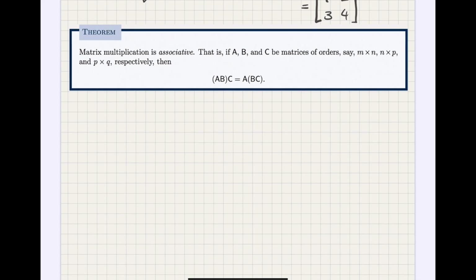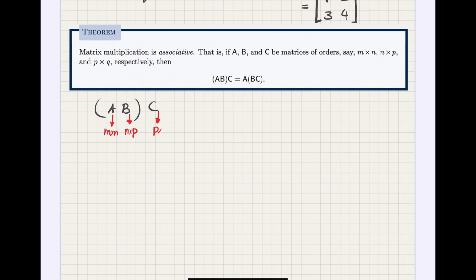Okay, so let me just be patient a little bit and write it properly. So I have A, B, brackets around them, and C. What is the order of A? The order of A, according to the problem, is M by N. What is the order of B? It's N by P. And what's the order of C?